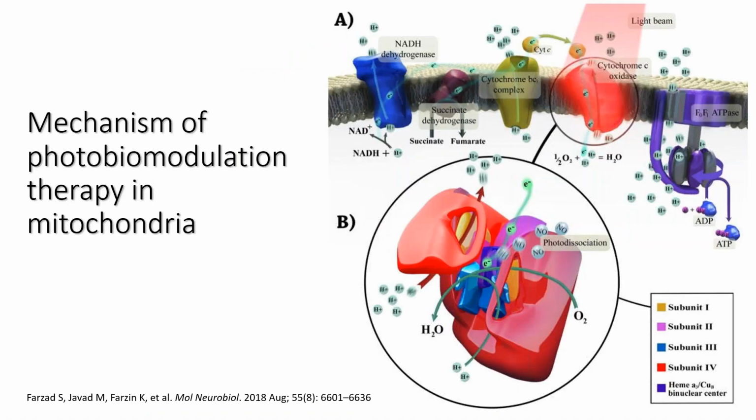Mitochondria, interestingly enough: mitochondria stimulation activates signaling pathways and upregulation of transcription factors, eventually increasing growth factors. Low-level laser in the mitochondria will enhance neurovascularization and angiogenesis, again, the growth of new blood vessels.